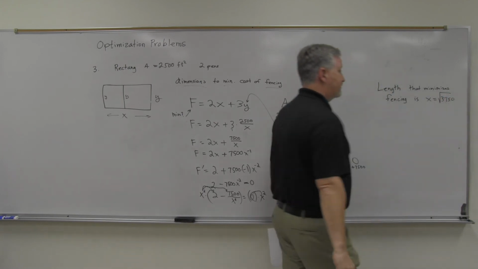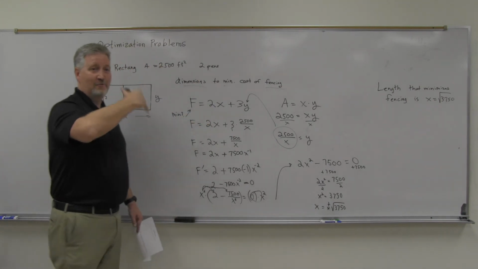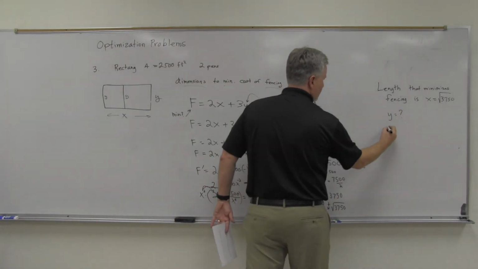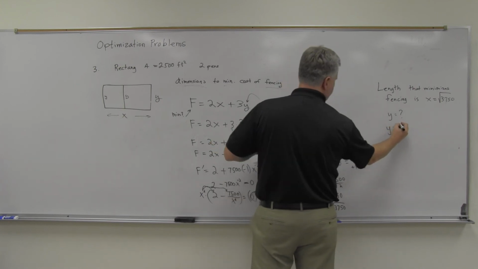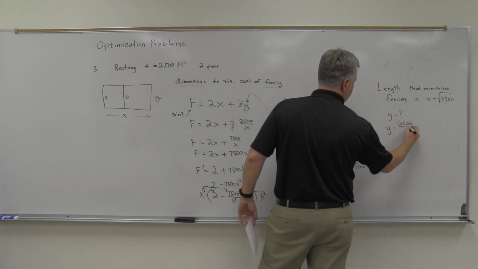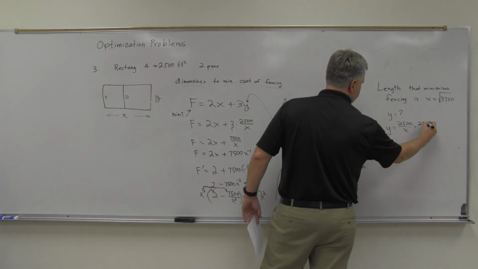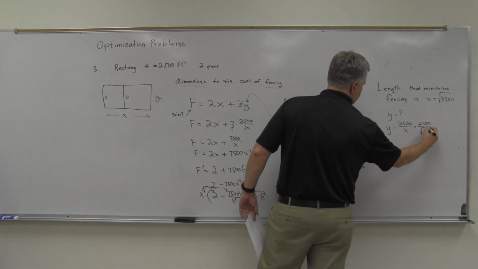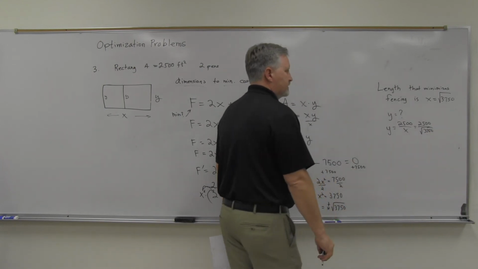Well, I also need the other dimension, the y. So what about the y here? Well, I know y is 2,500 over x. So that'd be 2,500 over the square root of 3,750.